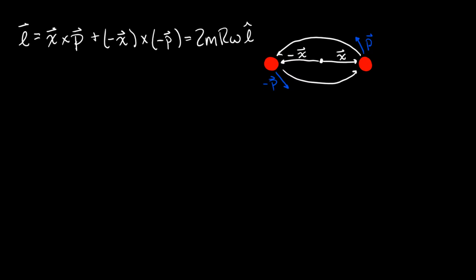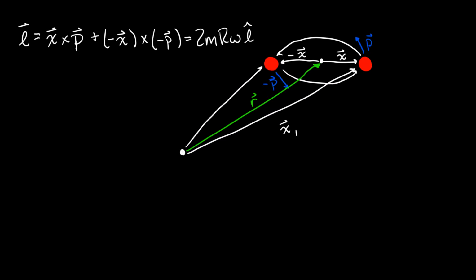Okay, so what happens now if I do the same thing I did before? I shift my origin by some amount so that this is now some vector r away. I have two new position vectors. Call this one x1 and x2, because these no longer have to be opposites of each other.